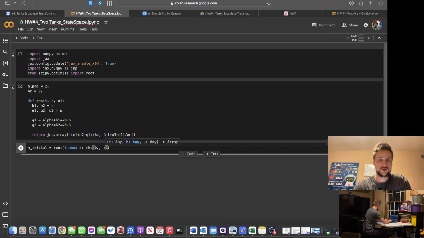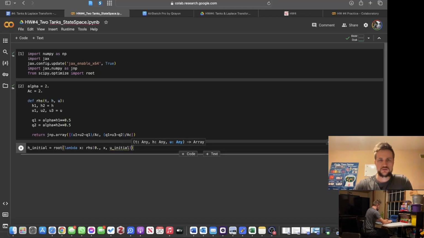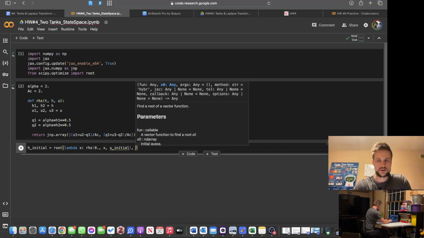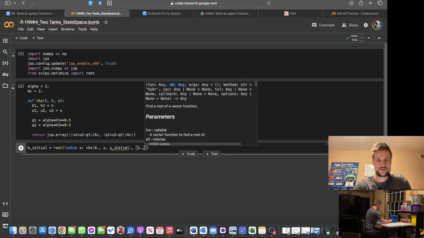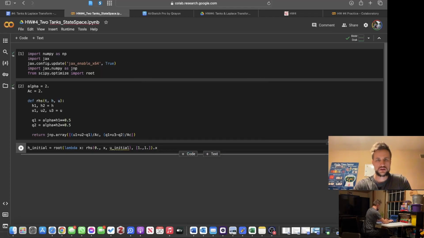Our height is going to be what we're going to call our x, because that's our function that we're evaluating here. And then u is going to be the initial u flows coming in, the initial inputs to our system. And we haven't defined u initial yet, so we'll go back and do that in just a second here. We need to provide a guess, and we want it in terms of x to be kicked out as our value.